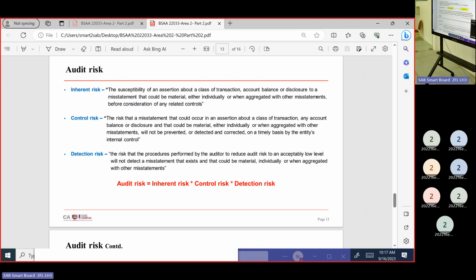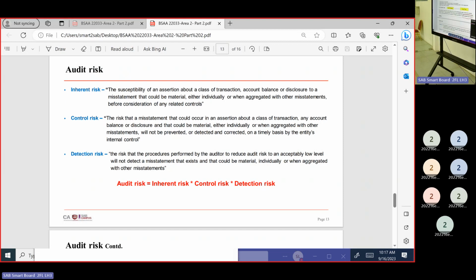So what's that? As an example, cash is an inherent risk area. Let me take one product. Product itself is definitely high risk.